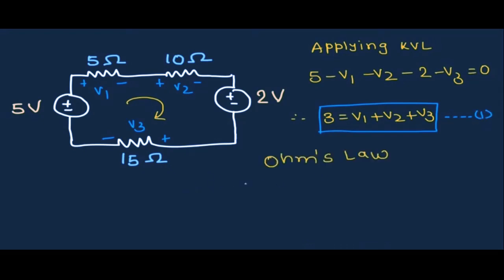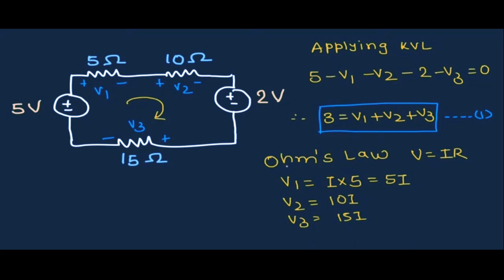Now, according to Ohm's law, we know that V can be written as I into R. So we can write this V1 as I into 5, that is 5I. Likewise, we can write V2 as 10I and V3 as 15I.